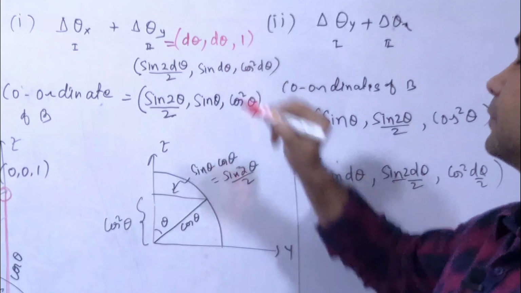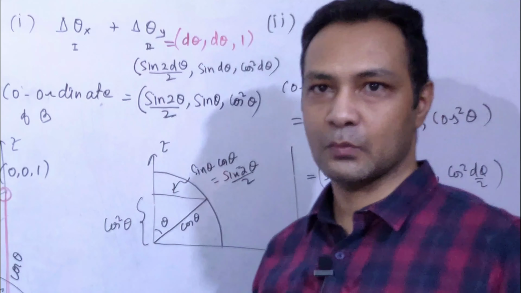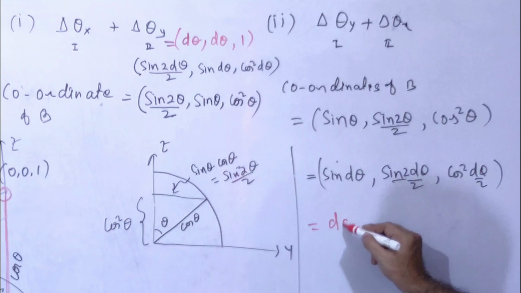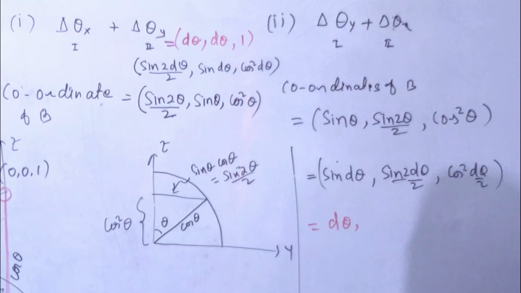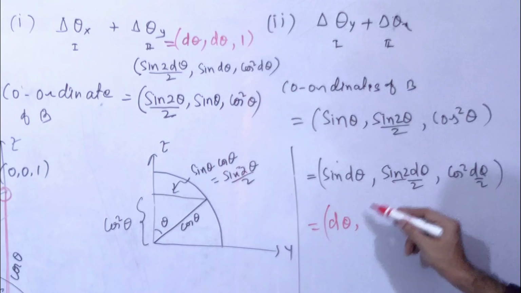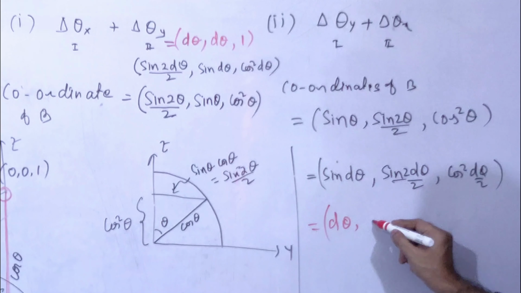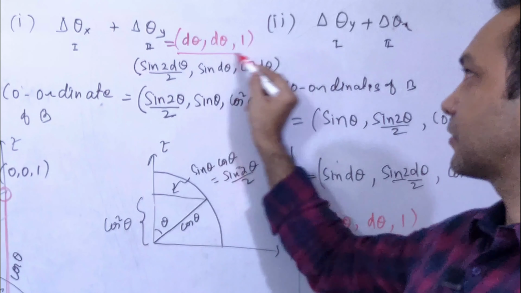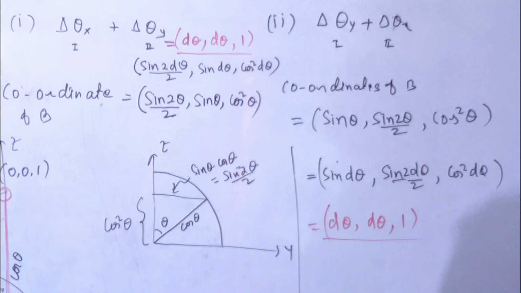And here again sin d theta becomes d theta, sin 2 d theta by 2 will also be d theta. And cos theta tends to 1, so cos square theta also tends to 1. So now you can see that these coordinates are the same.